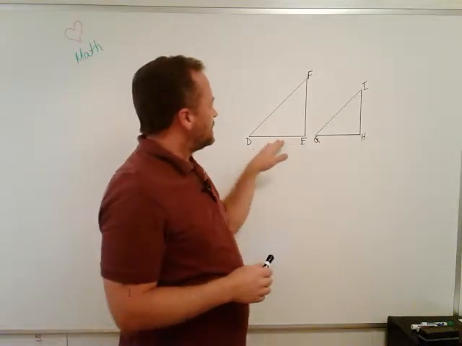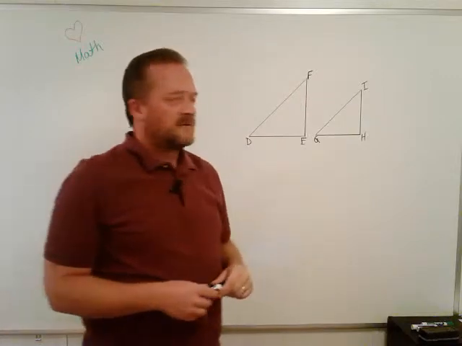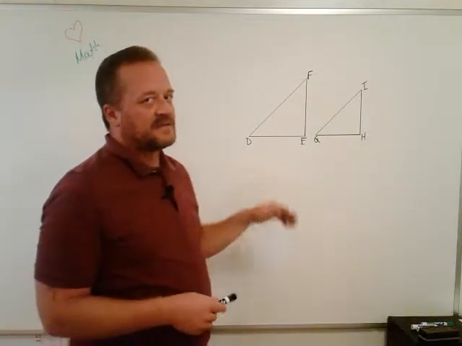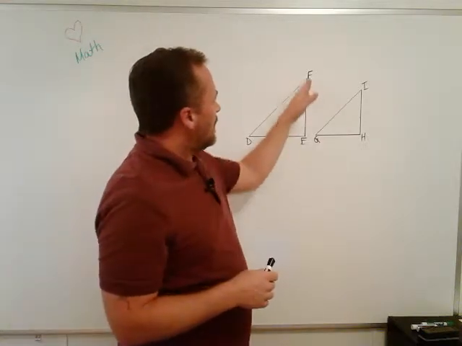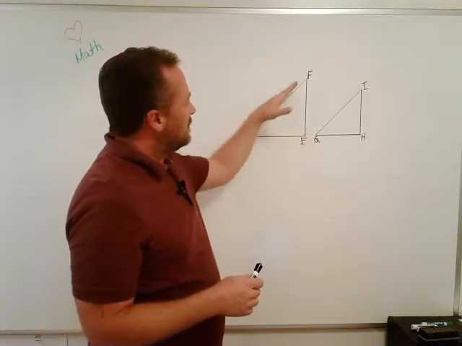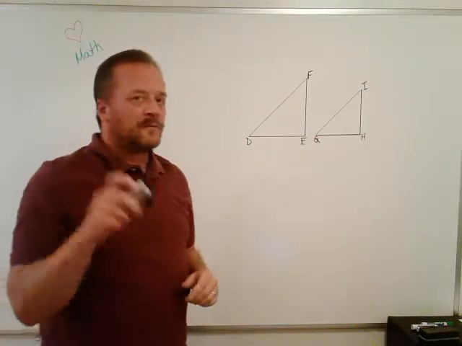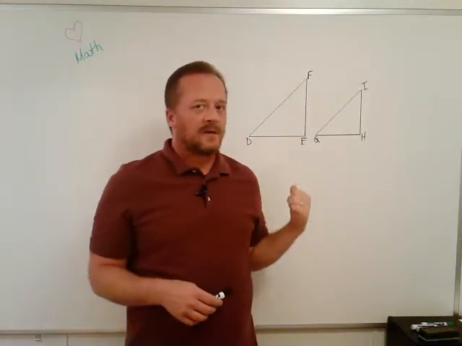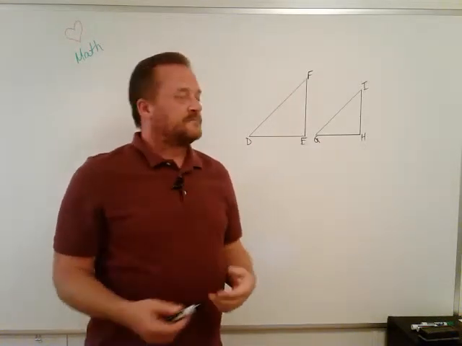The length of this side right here and this side right here can be written as a ratio, but they're not the same. I'll tell you what I mean by that in a minute. All of the sides of this triangle are proportional to the sides of this triangle. Proportional is a word that we saw in part 1. So they're not the same, but they are proportional.